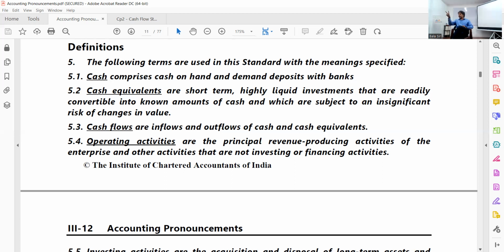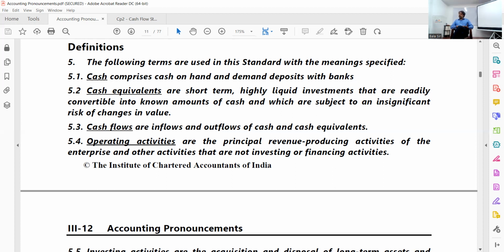There are two ways of presenting cash flow from operating activities. Is that clear? Got it? Now listen to me first. In your cash flow statement you can either use a DM, the direct method, and then an IM, the indirect method.